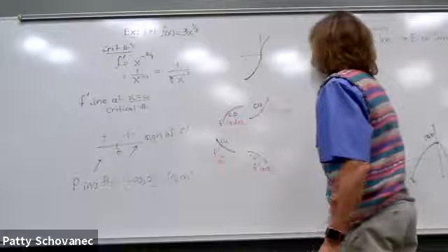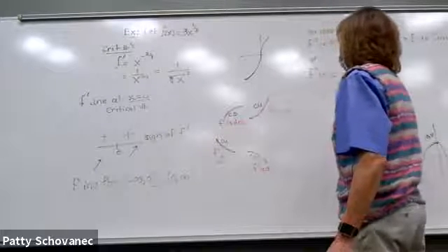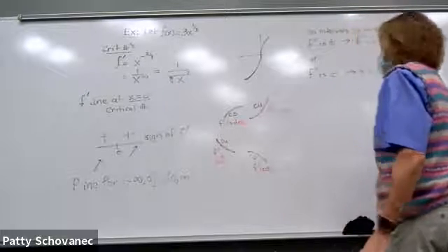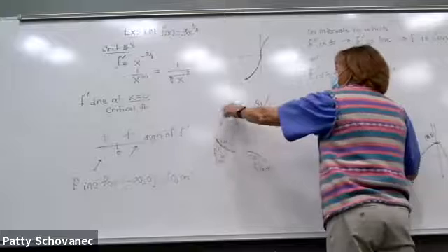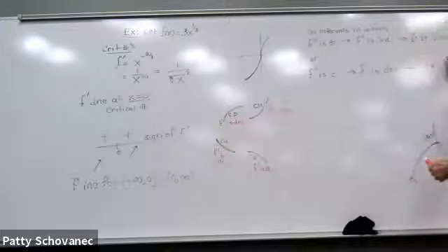On intervals in which f double prime is a negative number, then I know f prime is decreasing. If f prime is decreasing, then f itself is concave down.